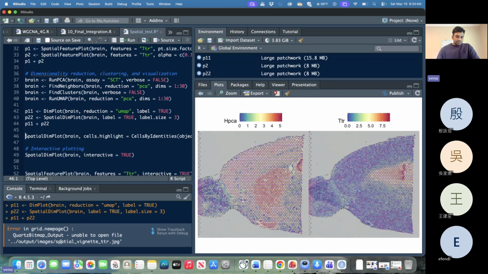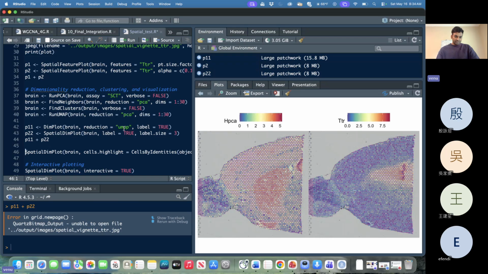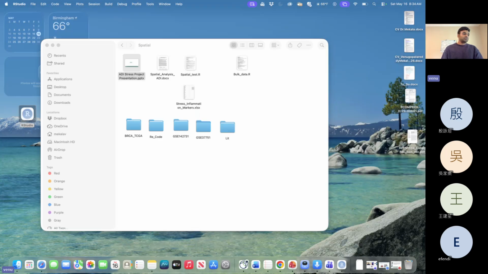Something is not great, new page. Okay, now I got it. Let me switch to another, because the monitor size is not enough to show the figures.